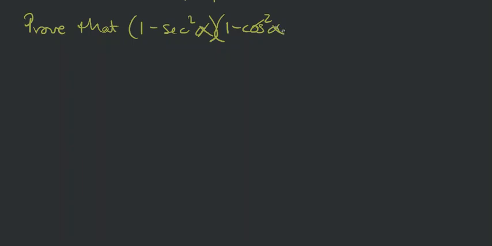We have an equation that says prove that 1 minus secant squared alpha times 1 minus cosine squared alpha is equal to 1 minus tan squared alpha minus cos squared alpha.